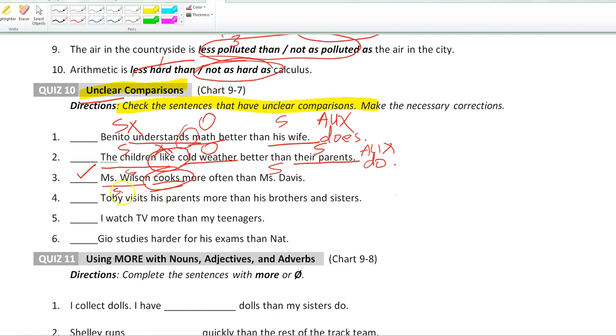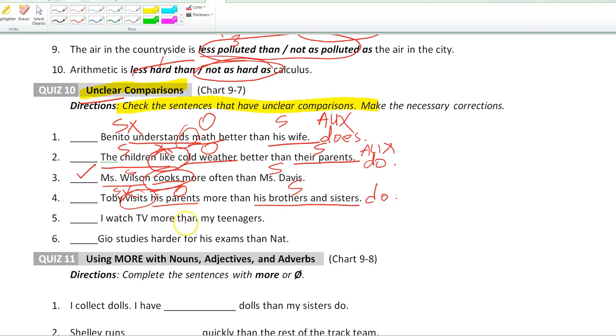Number 4, Toby is a subject, visits his parents more than his brothers and sisters. Okay, so we have an object here, and then here. This could be an object, but we want it to be a subject. So we need to add an aux. And we have nothing here, so we use do, and it's going to be present tense, they do.